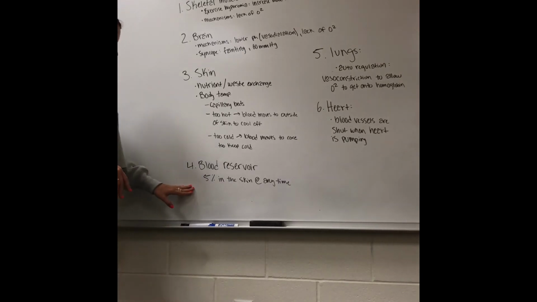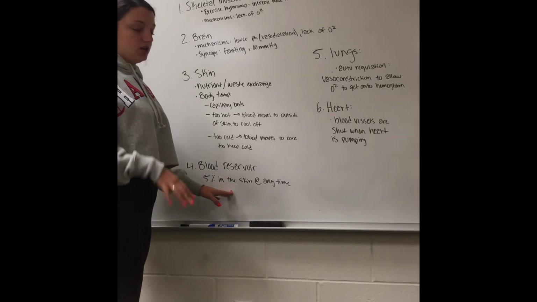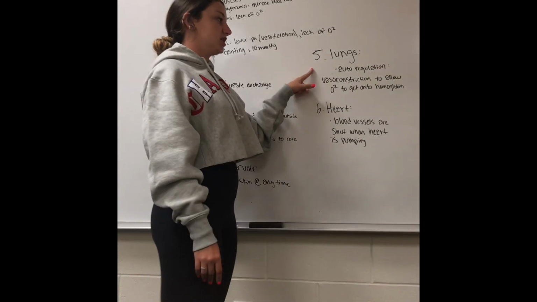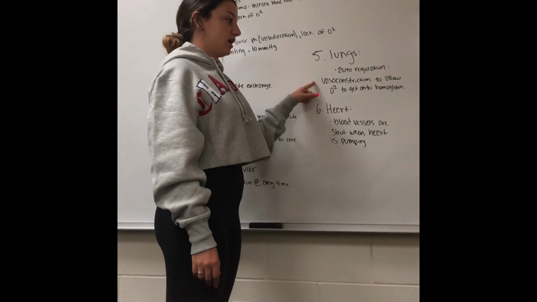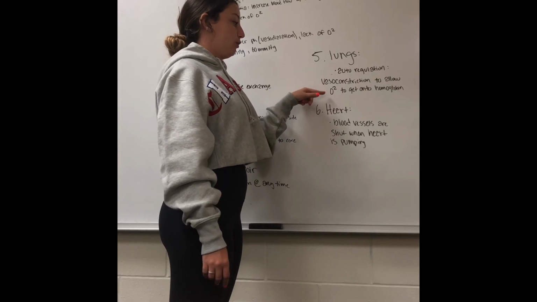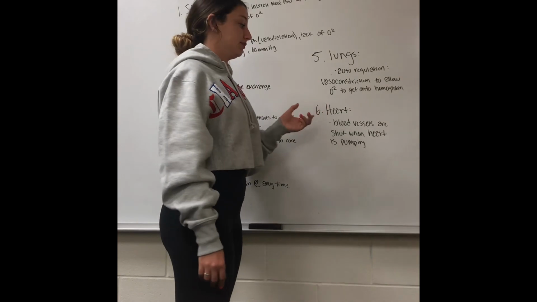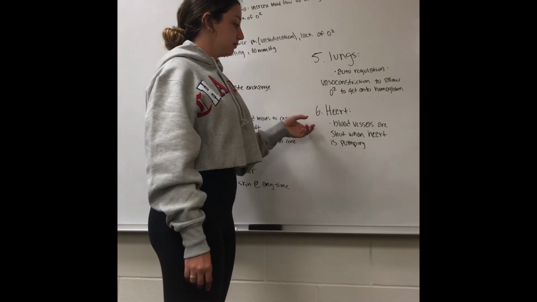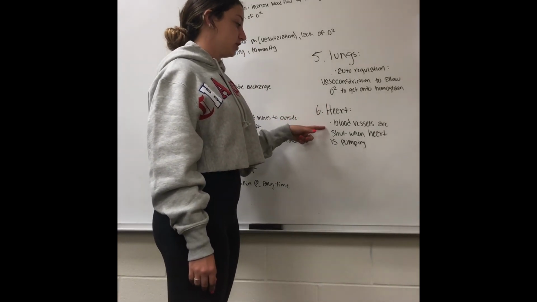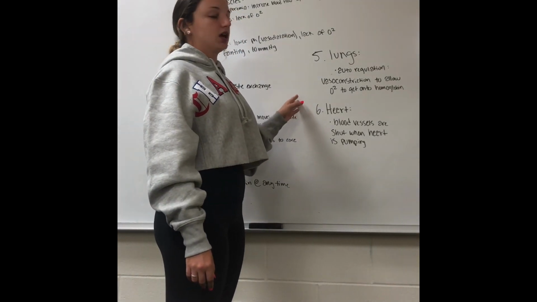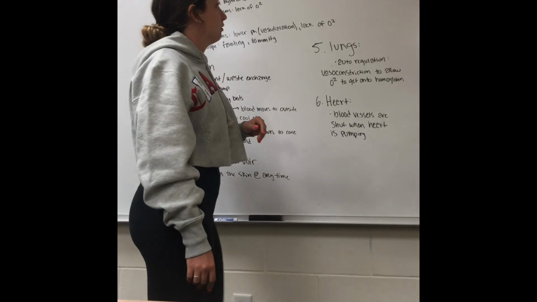Your blood reservoir, there's about 5% of blood in your skin at any given time. Your lungs have auto-regulation, so they're going to vasoconstrict to allow more O2 molecules to hop onto hemoglobin to give your body more oxygen. In your heart, your blood vessels are going to shut when the heart is pumping, so that way you can get more oxygen loaded on there as well.